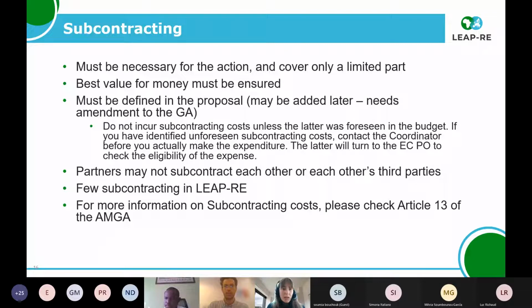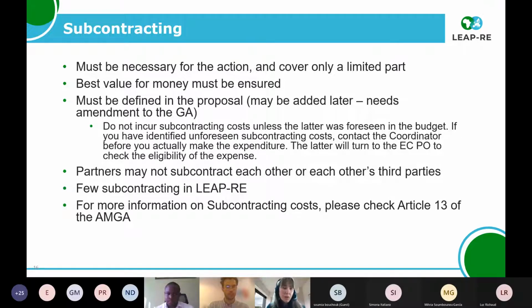One of them is that you have to ensure best value for money. So when selecting the subcontractor, you have to ensure and somehow prove to the Commission, in case of audit, that you have picked the best fit for the job, and also in terms of money.